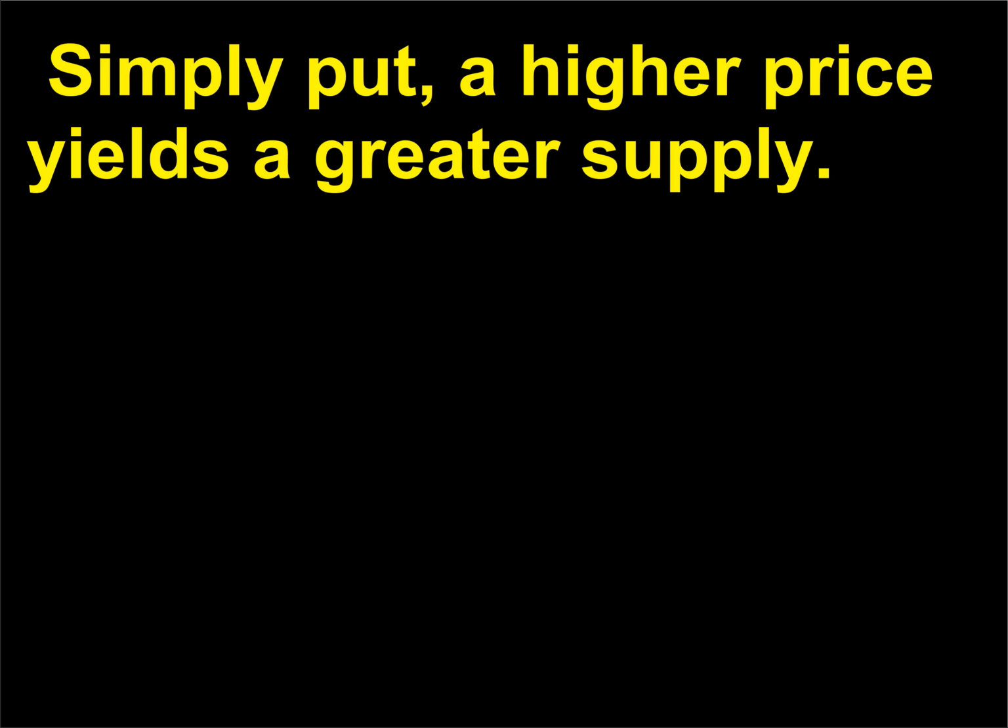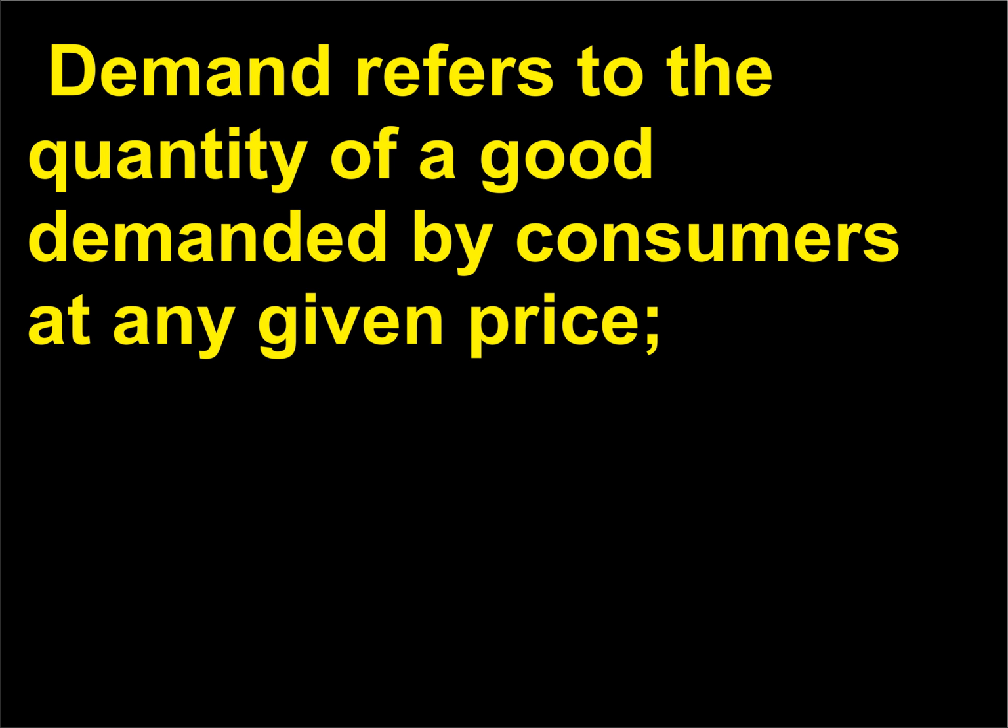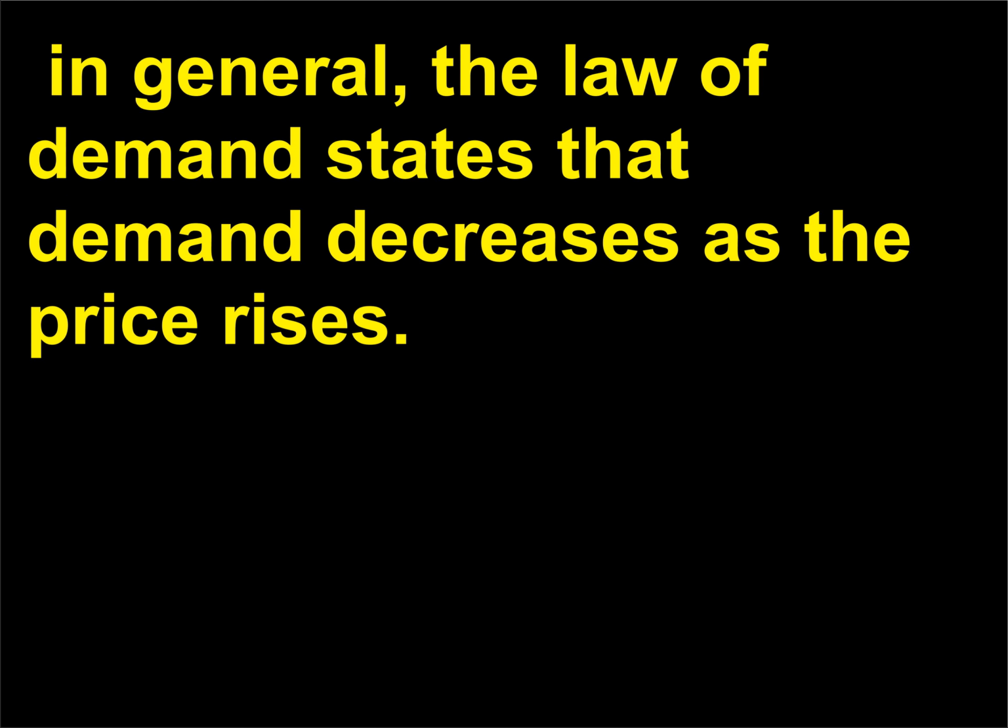Simply put, a higher price yields a greater supply. Demand refers to the quantity of a good demanded by consumers at any given price. In general, the law of demand states that demand decreases as the price rises.